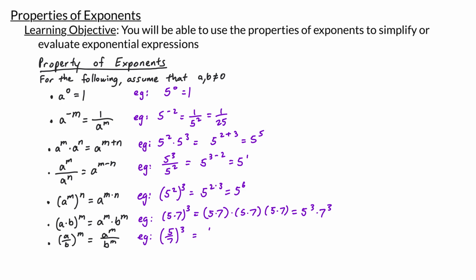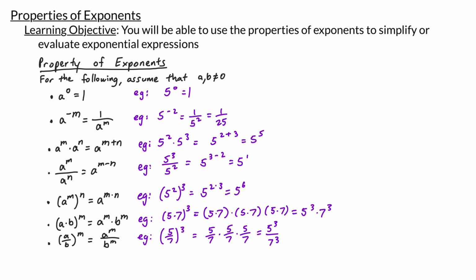This in essence is 5 over 7 times itself 3 times. So if we collect all of the 5s in the numerator, we'll have 3 copies of 5 in the numerator, so that's 5 cubed. And if we collect the 7s in the denominator, we have 3 copies of 7s, so that's 7 cubed. So again, our exponent here distributes to both the numerator and denominator.